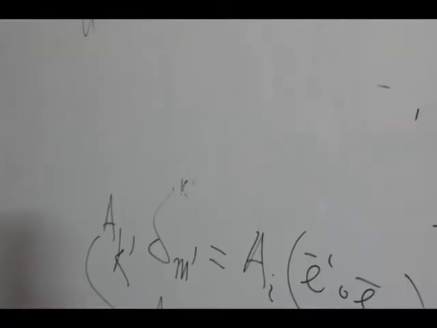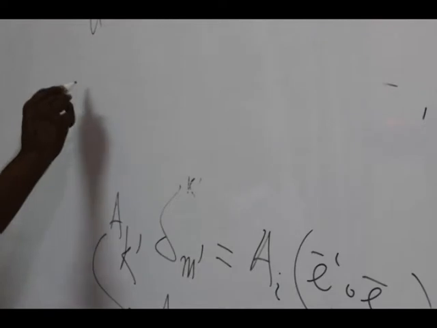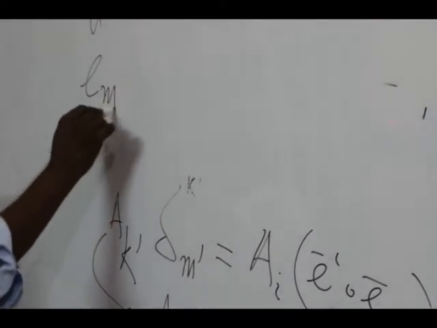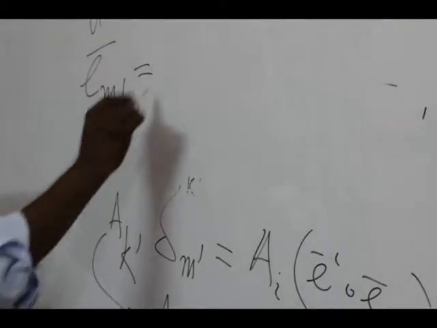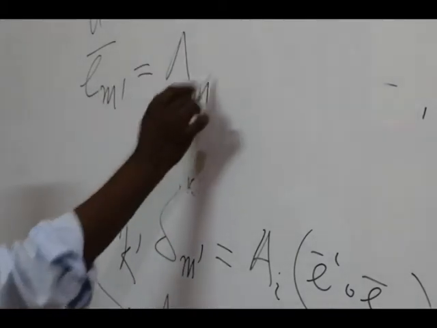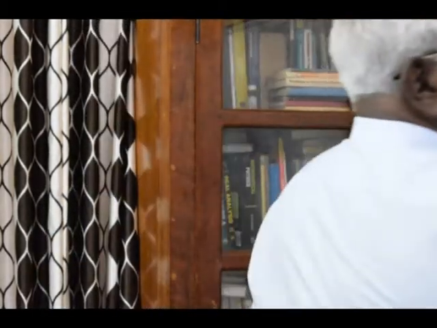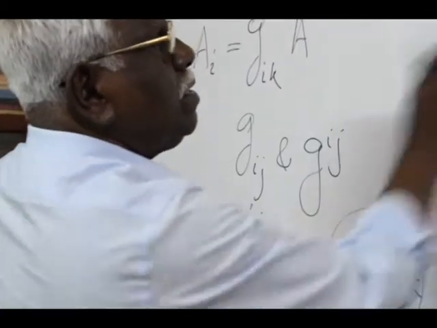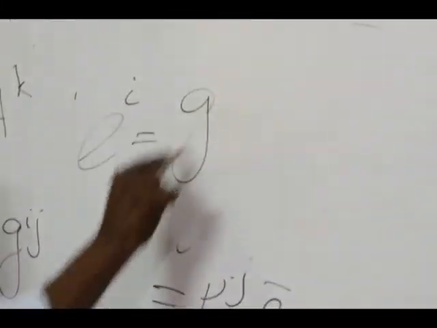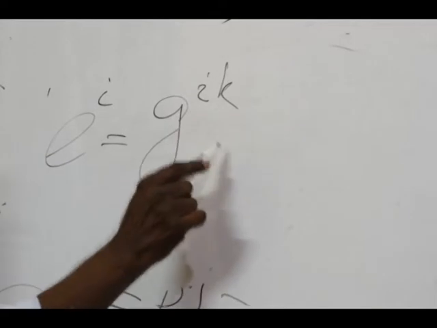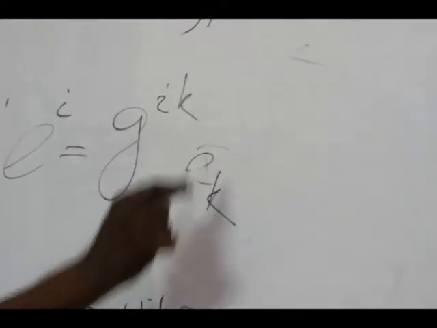So this is identical to here. For basis transformation we wrote E m dash is equal to lambda m dash. So we write Ei equals Gik Ek.